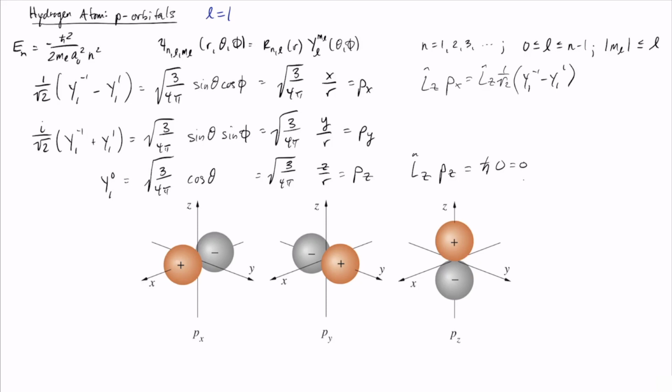If we expand this out, what we'll see is this is h bar over root 2. We apply Lz to Y_1,-1, and we should get minus h bar, so this is minus Y_1,-1. And now you apply Lz to Y_1,1 with m sub L equal to plus 1, you'll get plus h bar, so this remains minus.